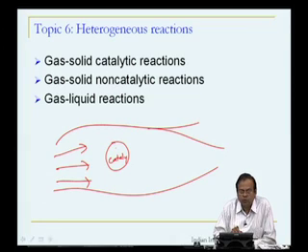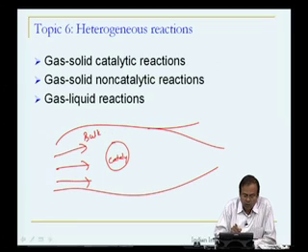What are the transfer processes? You will recall we talked about external transfer, that is from the bulk to the surface. We also said there is a boundary layer, we will talk about that in a minute. Then from surface to inside the catalyst, then your chemical reaction, then again diffusion backward into the bulk.